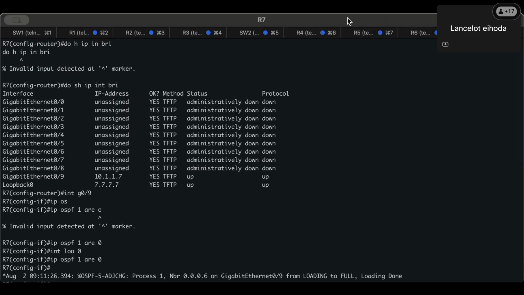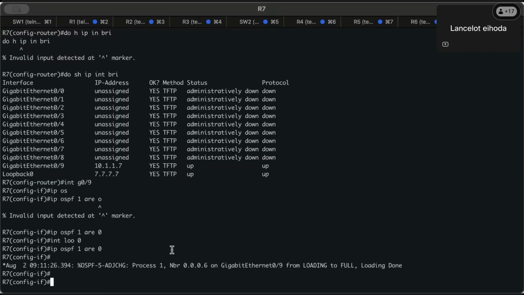Let's see what routing protocol is running in router 6.